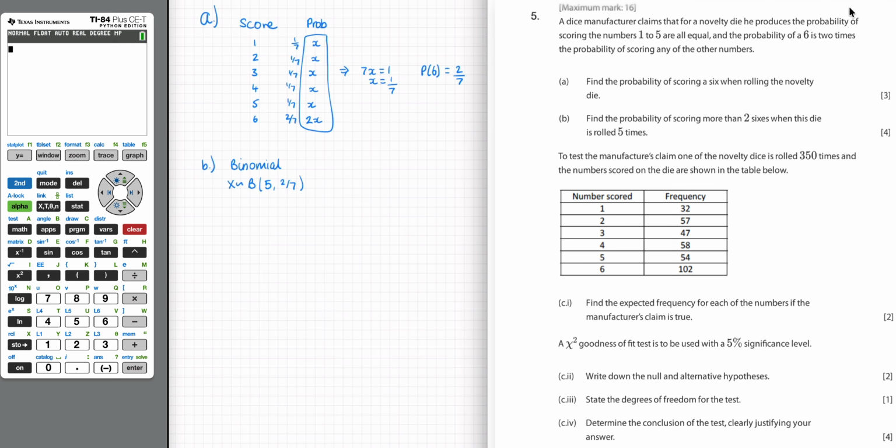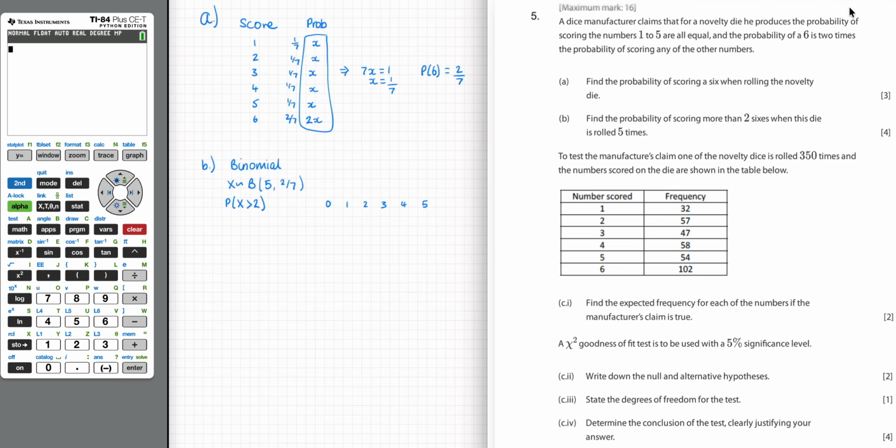I'm asked to work out what's the probability that x is bigger than 2, which means that I score more than 2 6s, not equal to, but more than. If I'm rolling it 5 times, I could get 0 6s, 1 6, 2 6s, 3 6s, 4 6s, or, no, hold on, 5 6s, sorry.